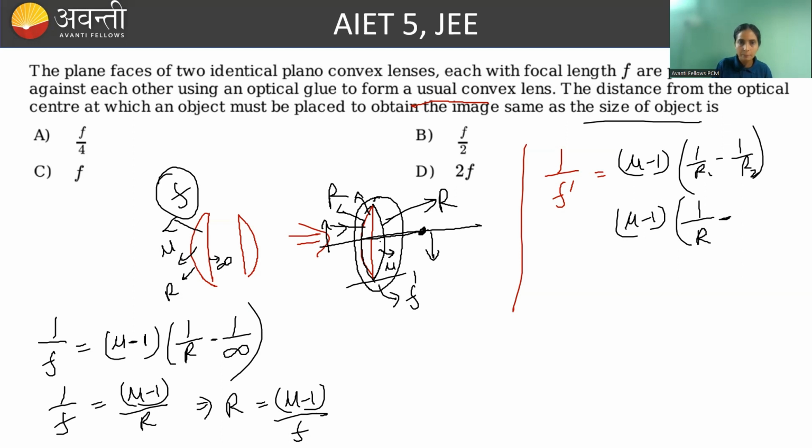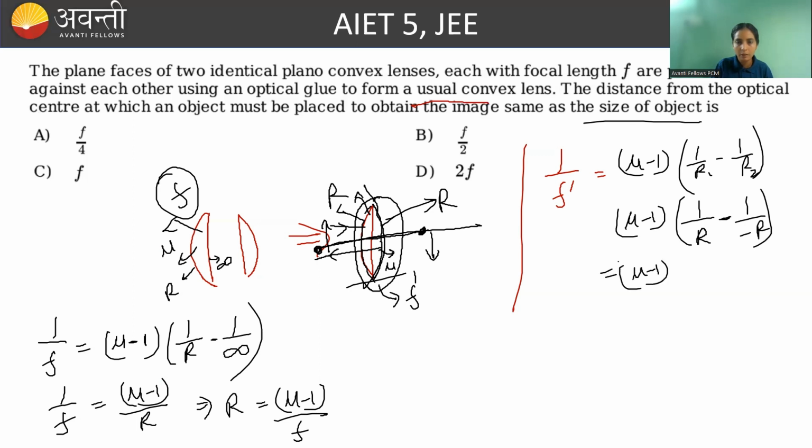For R2, its center will be somewhere here. If you measure its radius of curvature, it gets measured in this sense, but incident light I have taken in this sense. So negative.